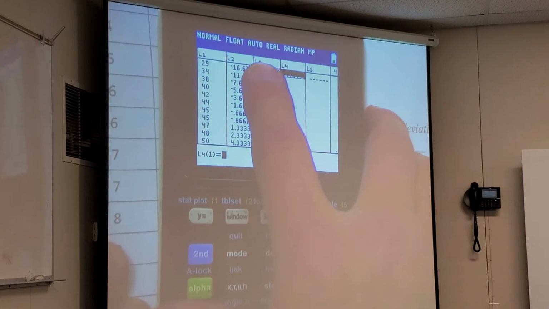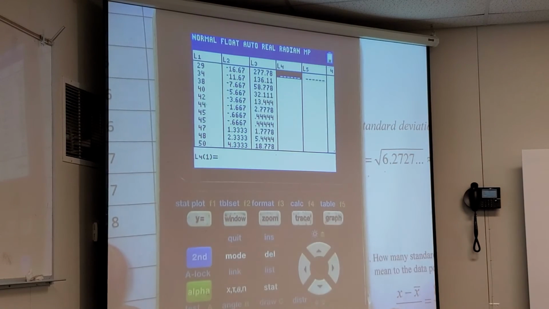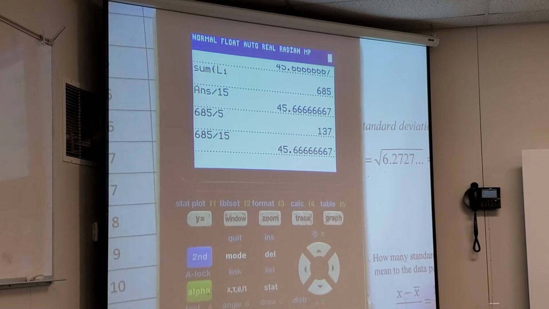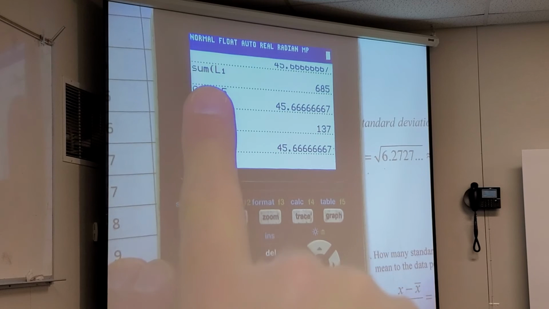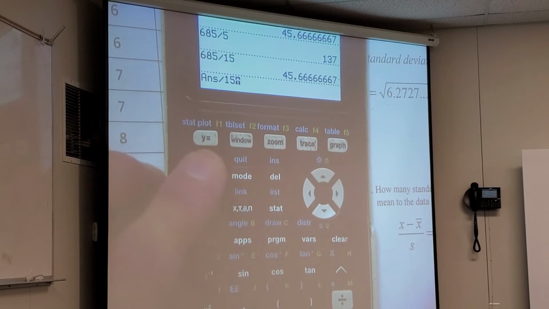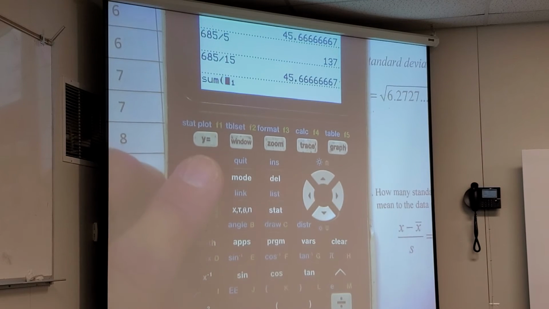So how do I get the sum that I need? Good. Well, no. Second mode to get out of there. Now watch this. You ready? We know how to do the list. Do you see how I already did a sum up here? If I hit second enter a few times, I can just go right back up to where it said sum and replace this with L3.